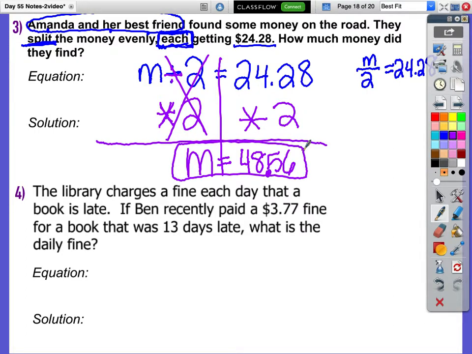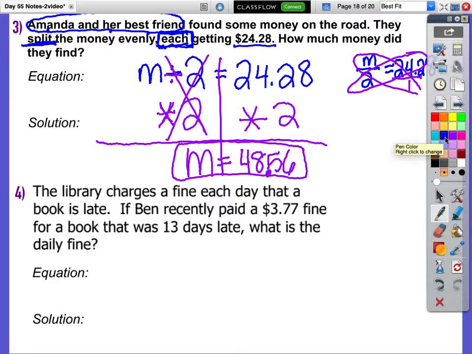Alternate answer would be 48.56 equals M. If you wanted to go back over here, I know some of y'all love cross multiplication more than you love chocolate. So what you could do is just make these both fractions, cross multiply, and you're still going to get the same answer.